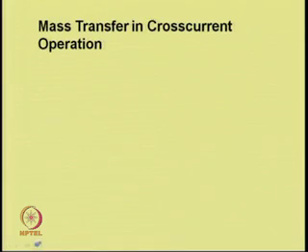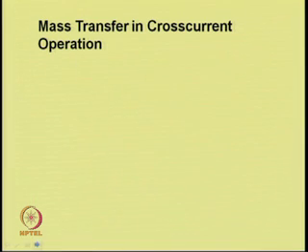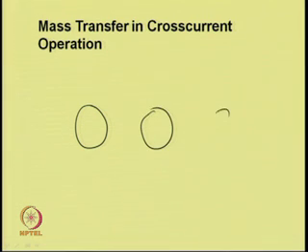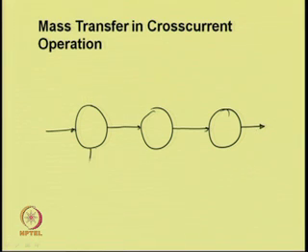Now, if we consider mass transfer in cross current operations, we will consider 3 stages connected in series, in which the gas is flowing from one stage to the other, and in each case fresh liquid is introduced. They may be of the same initial concentration or in varying concentration.